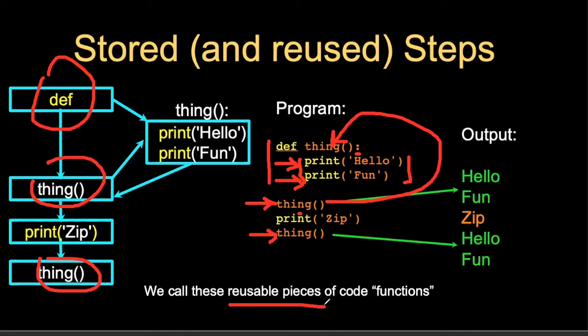So that's kind of like functions. You can write these things. You can encapsulate, as in aggregate, the same logic together and bundle it for reuse later. Like in the case of calling this thing twice here: first you call this thing, and then you print something else, and then you call it again.